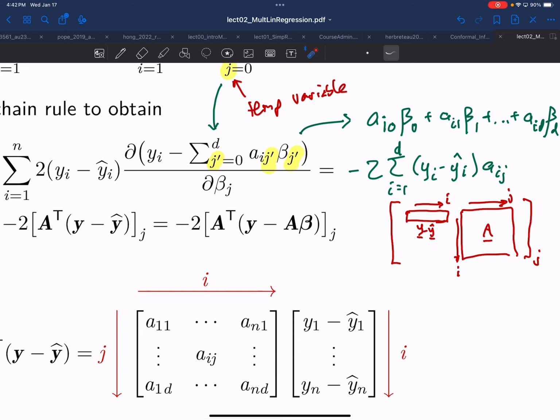Okay, and the last way that this can be connected to this expression over here is that if you have a quantity like y minus y hat transpose, oh yeah, I guess to be clear, this has to have a transpose on it, because without a transpose, that must be a column vector, because that's the way we always define our vectors.